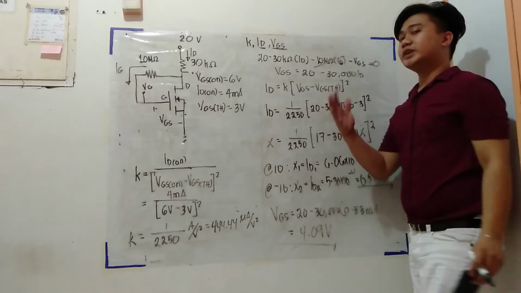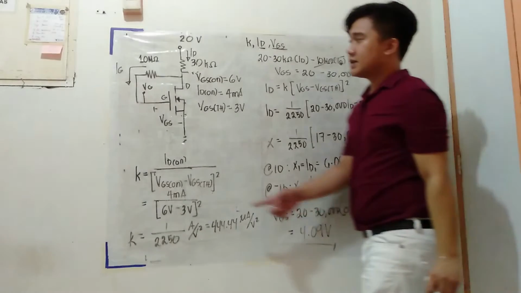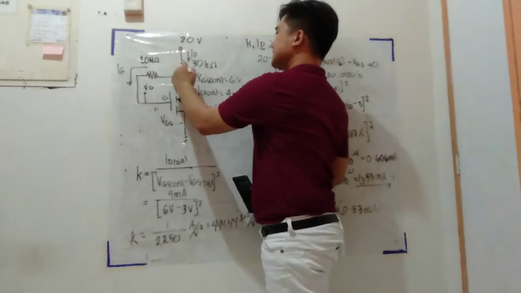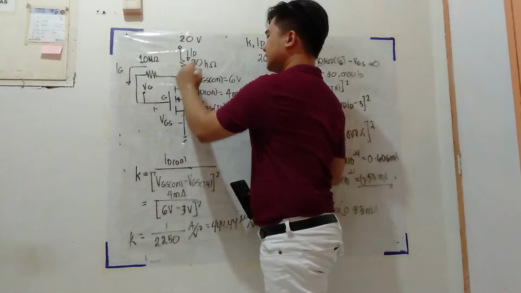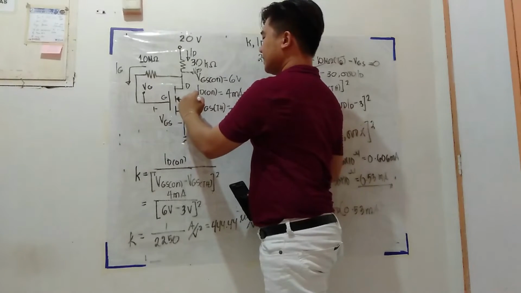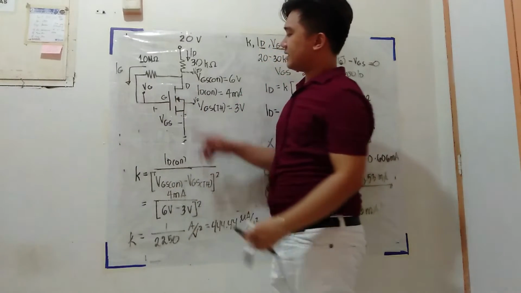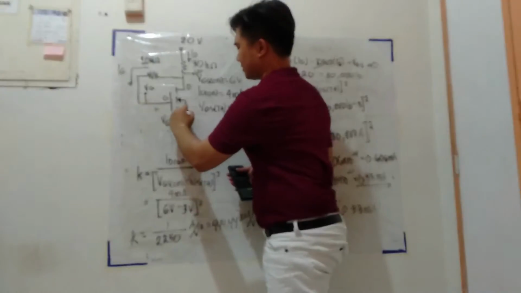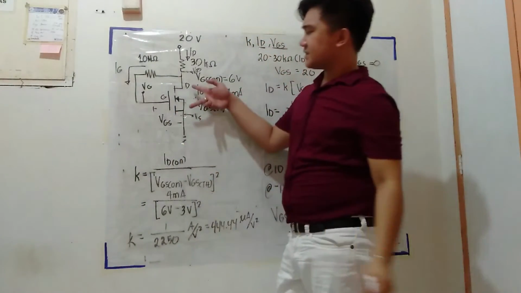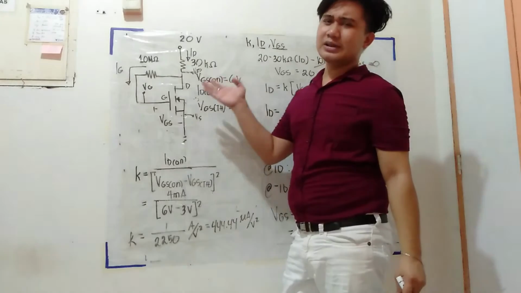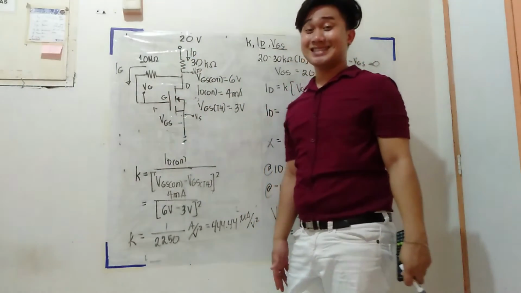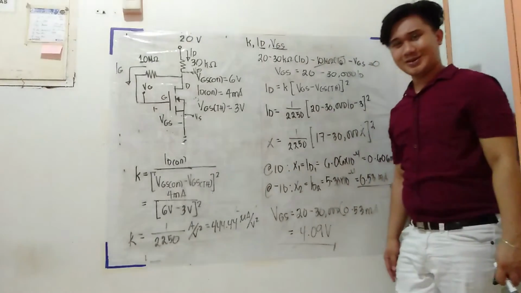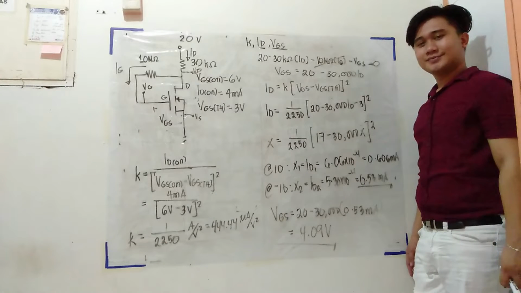Okay, and then you can further find the other voltages, VG, VS, VD, and then VDS lang po dito. So, ganun lang din katulad sa mga previous nating examples. Okay, so copy your notes.